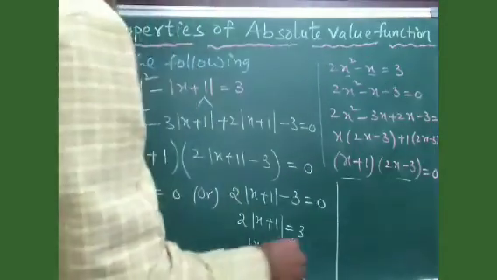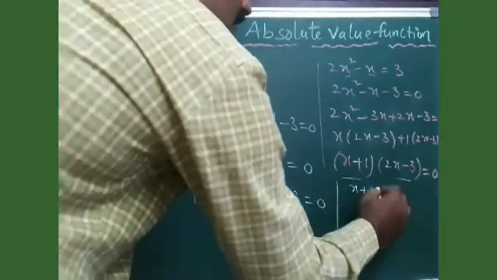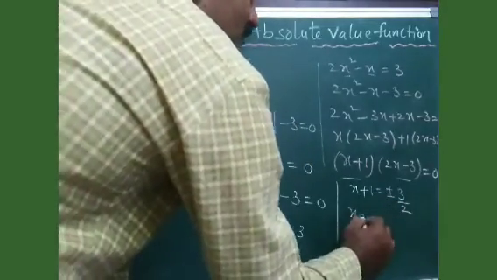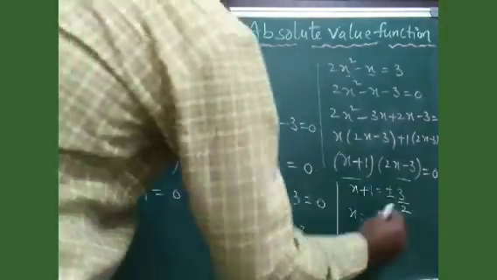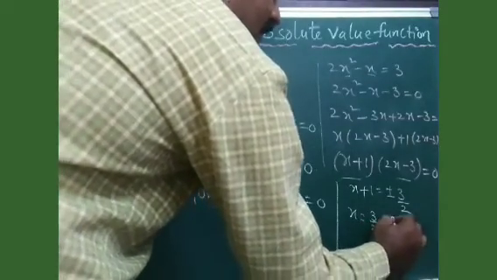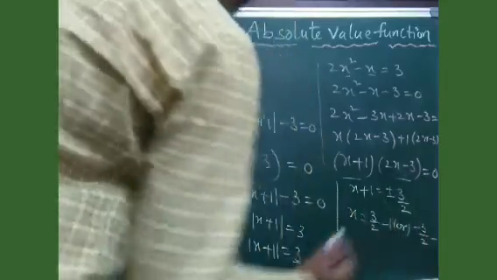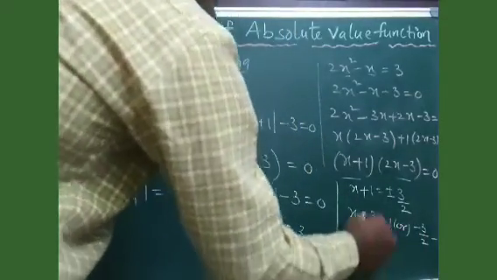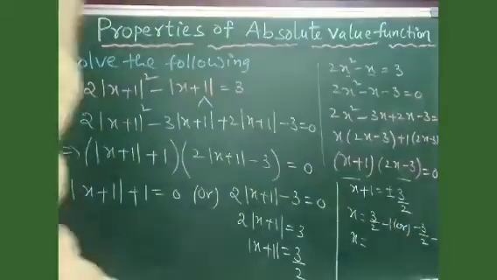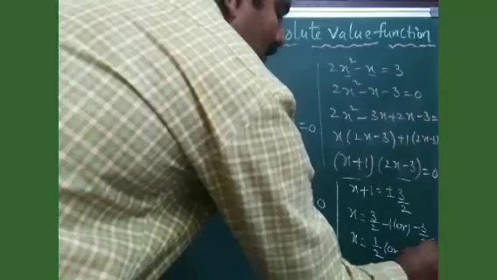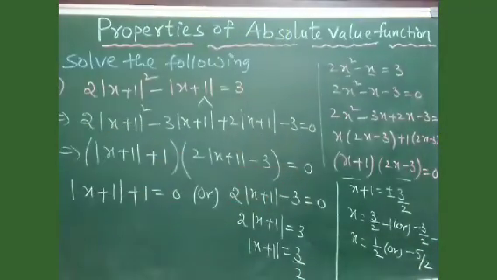When you take out the modulus, then x plus 1 is equals to plus or minus 3 by 2. Hence x is equals to, if it is plus 3 by 2, then 3 by 2 minus 1, or minus 3 by 2 minus 1. So from this x is equals to 3 by 2 minus 1, which is 1 by 2, or this is minus 5 by 2. Case 2, what we solved.